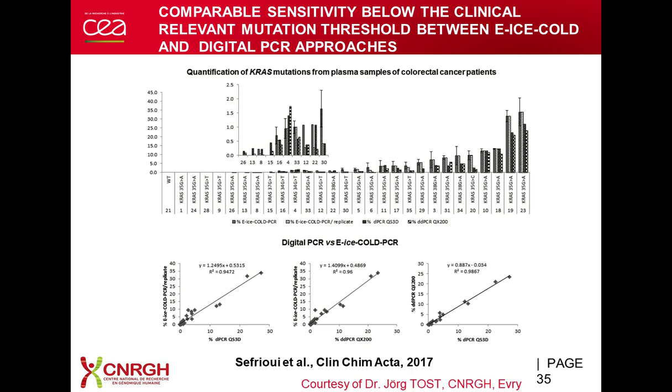As long as the enrichment you obtain is calibrated via a serial dilution curve, it doesn't change anymore, and one can apply that to clinical samples for a given mutation at a time, and you get results that are not very different from digital PCR. Of course, digital PCR is an absolute quantification method. Ice cold PCR is a relative quantification method. You need to create the standard curve before you reach something like this.